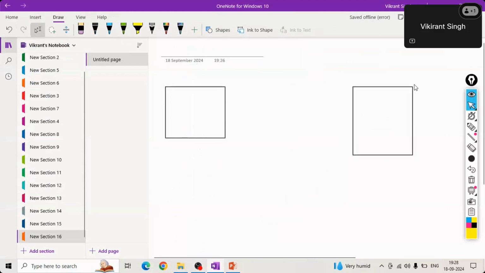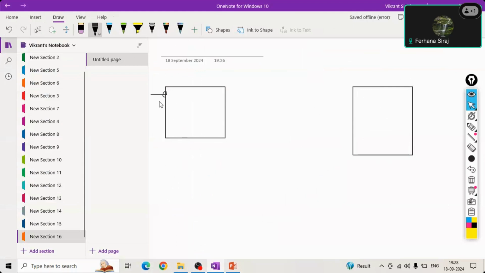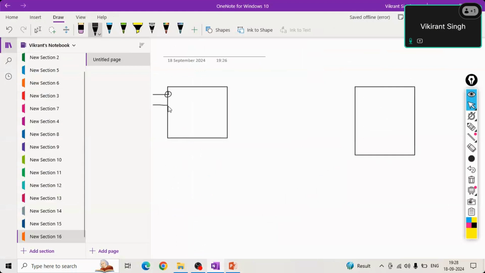So we have these two boxes, and I'm going to give some names to these boxes. Suppose there are interfaces. These are the interface points, and we have a lot of interfaces connected to this zone.